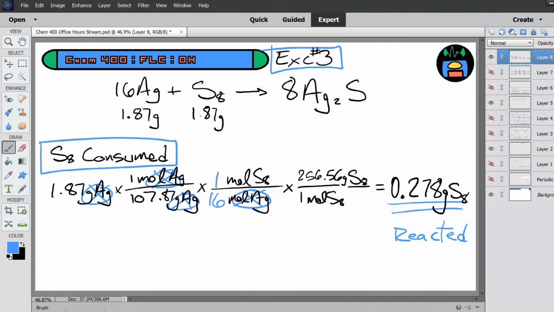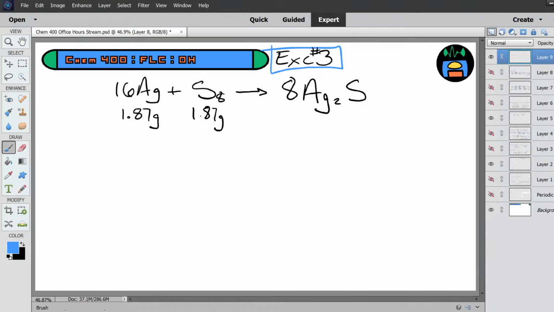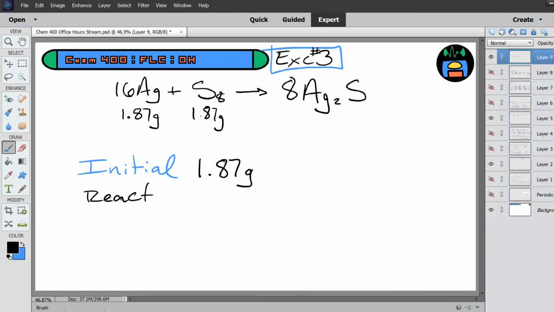So now we can take our initial quantity of S8, which was 1.87 grams, and then the amount that reacted away, we're going to subtract.